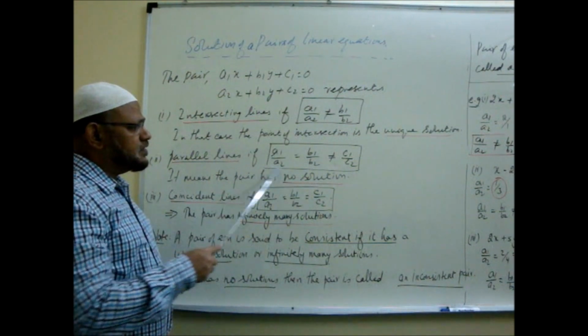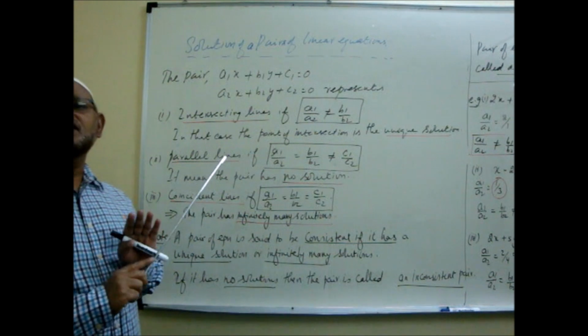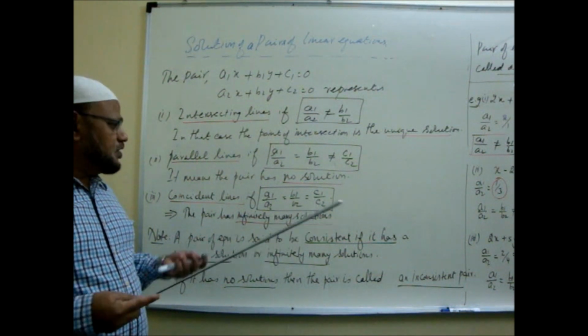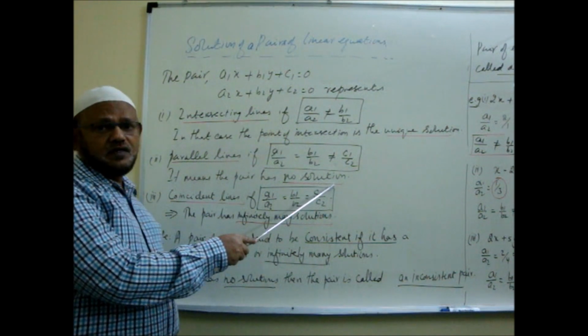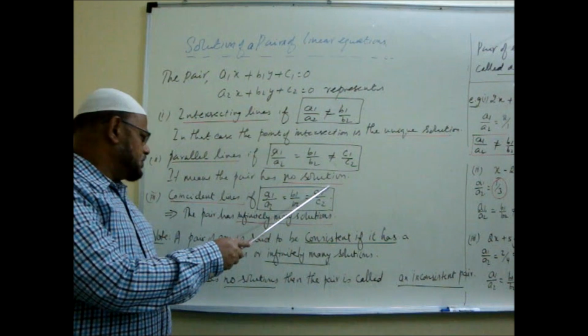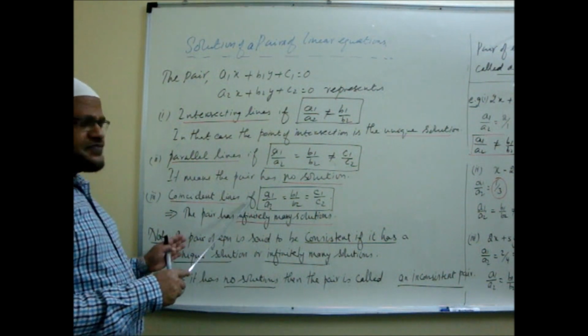Under this condition, the two lines will go parallel. It means the lines will not intersect at all, so there is no point of intersection for them. So there is no solution for that pair of equations.